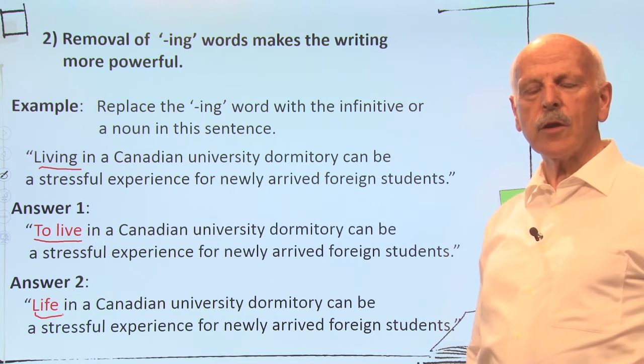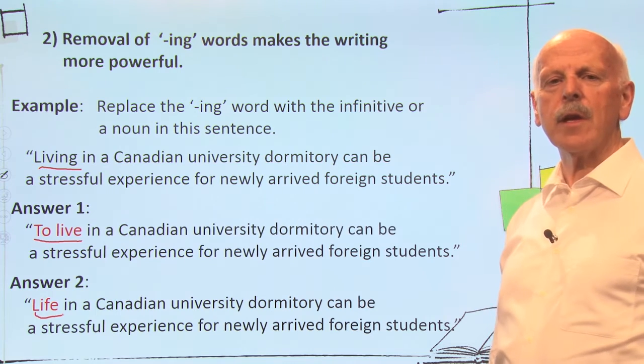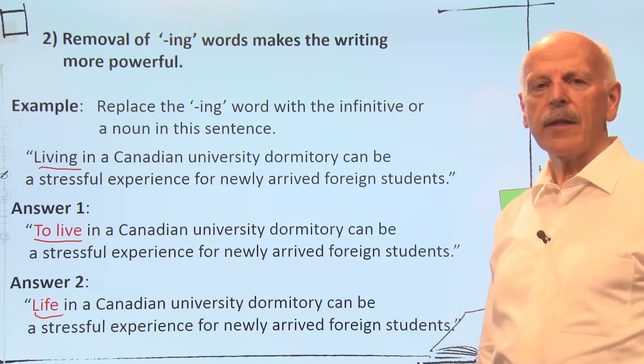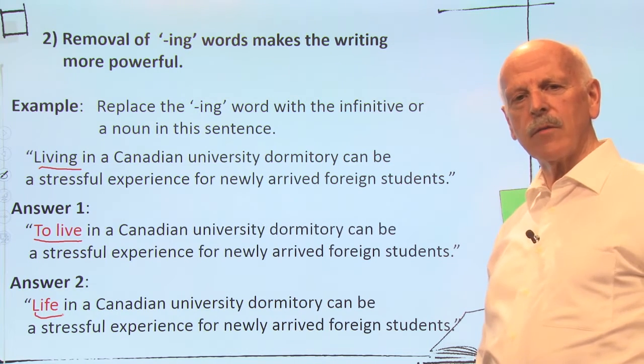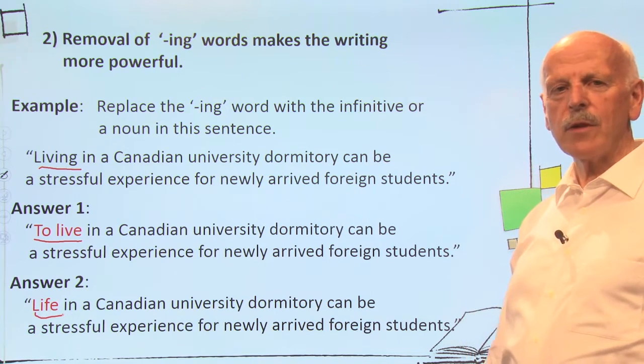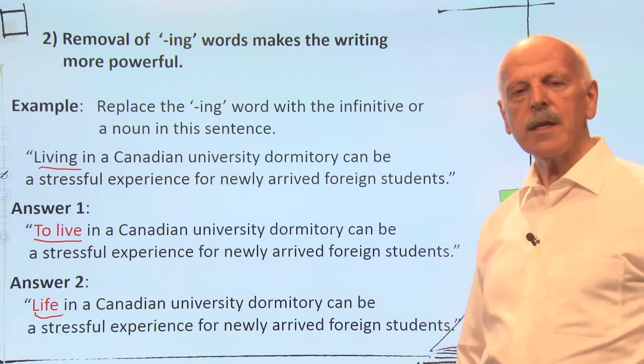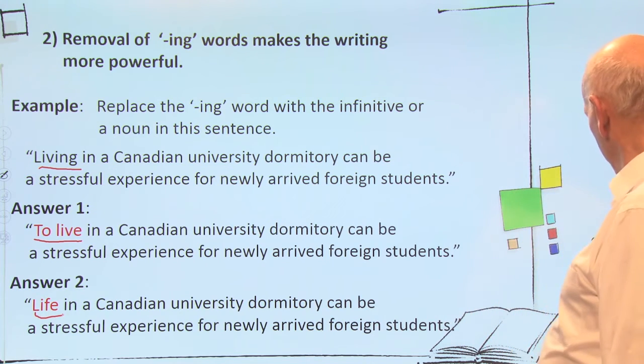If you're in a Canadian dormitory, you have a roommate, you have to be able to find time and a place to study, and there may be noise and all sorts of distractions that are part of life. So life itself is much more than the basics of eating and drinking and sleeping.